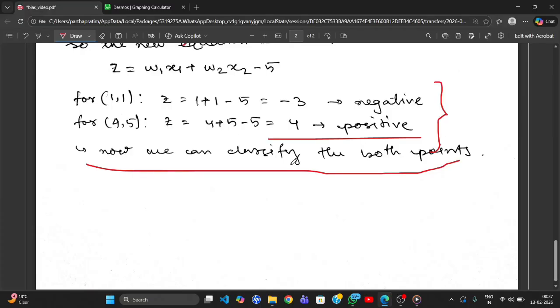So why does bias matter in machine learning or in ANNs? Because real world data is not centered at the origin. If all boundaries pass through the origin, the model cannot separate many datasets properly. So by adding bias, it removes the structural restrictions.